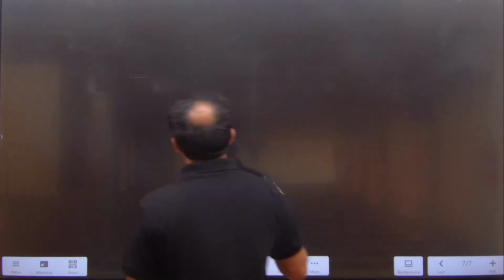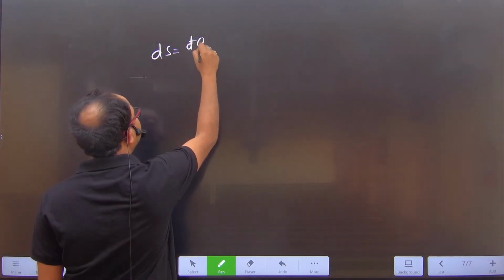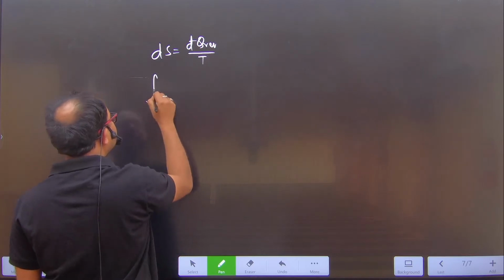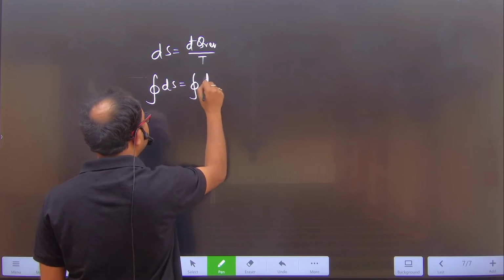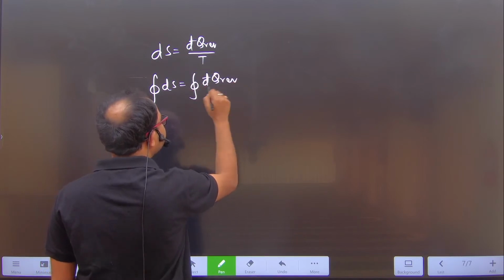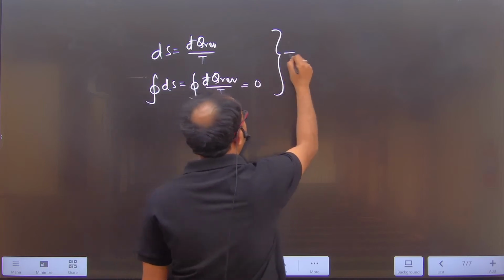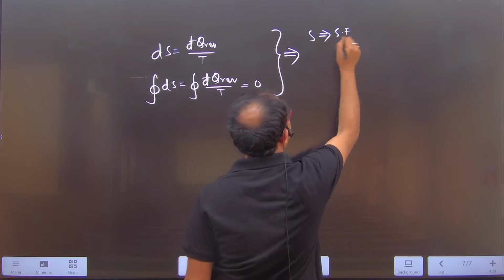Okay. So we have got dS equal to dQ reversible by T. We have got the cyclic integral of dS equal to the cyclic integral of dQ reversible by T, equal to 0. So from here, one can say S is a state function.